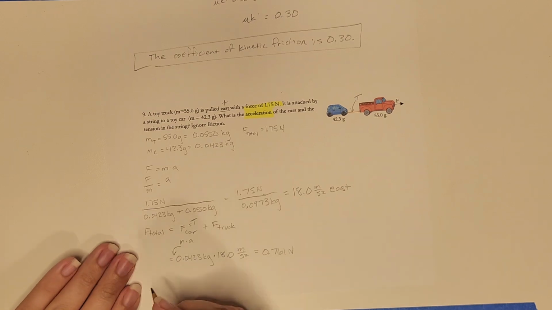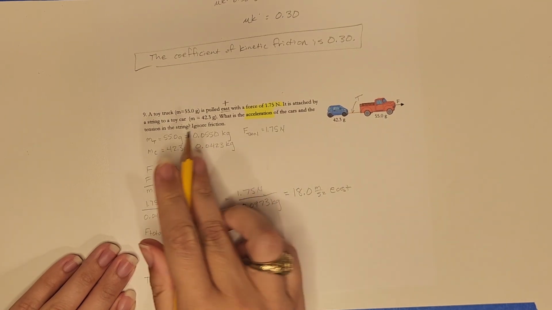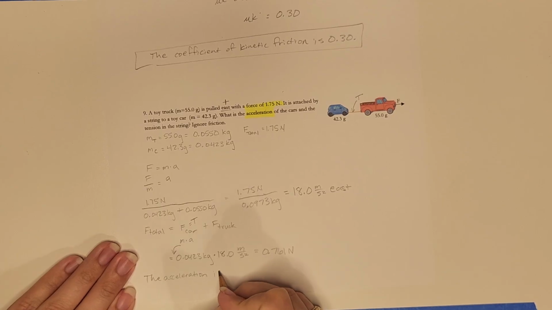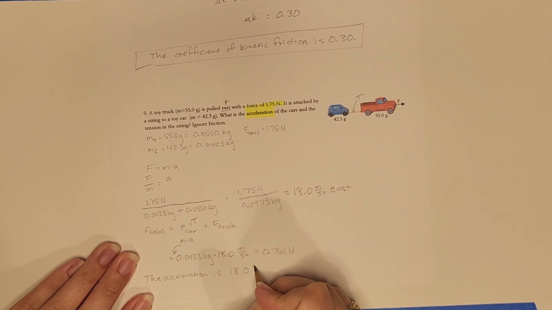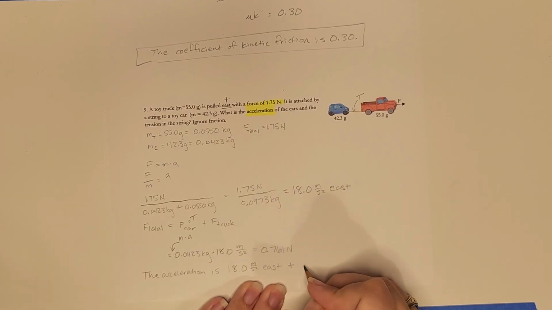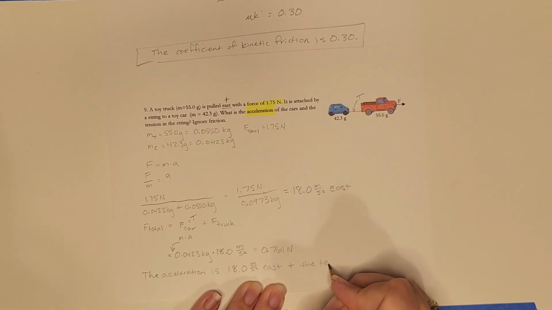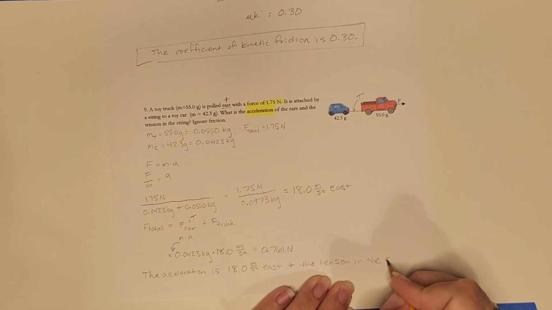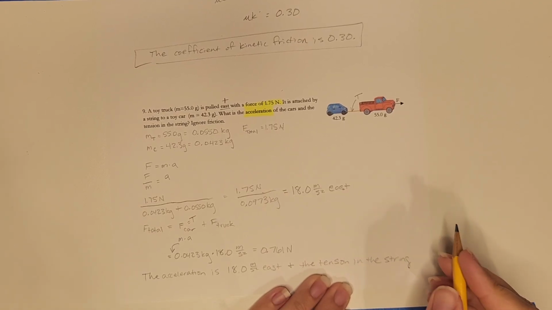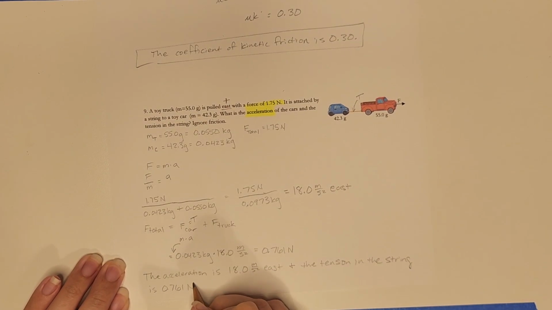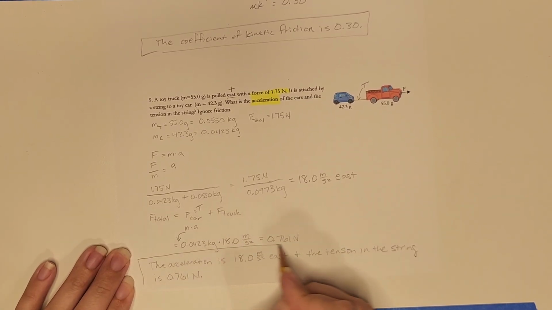Okay, so our final answer for the first part, the acceleration, is 18.0 meters per second squared east, and the tension in the string, which is the force that's acting on the car, but it's asking us about tension, is 0.761 newtons. And that's my answer.